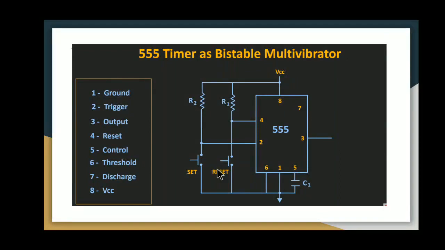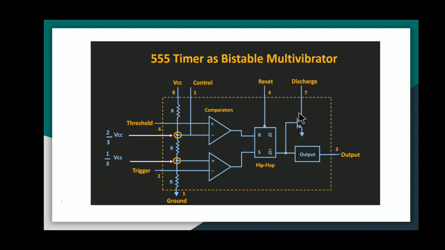When the reset pin is pressed, it is connected to the ground terminal here. Or we can say that the reset pin will be at logic 0 value. So in this case, the flip-flop will get reset to logic 0 value.